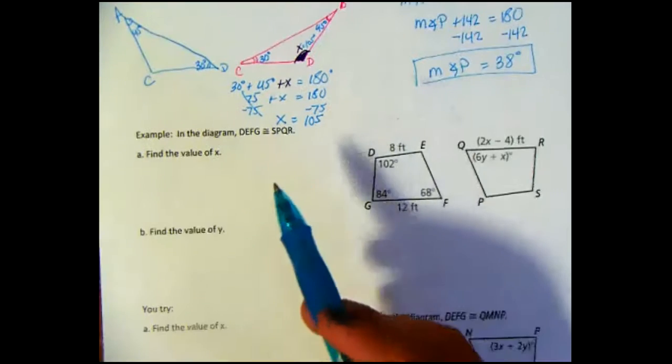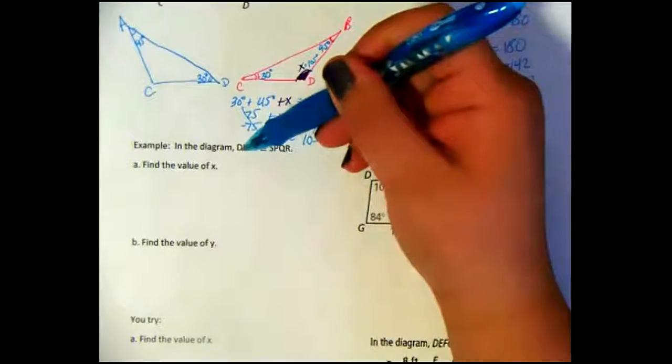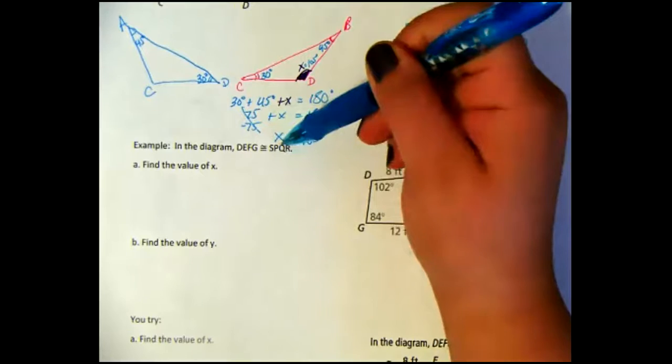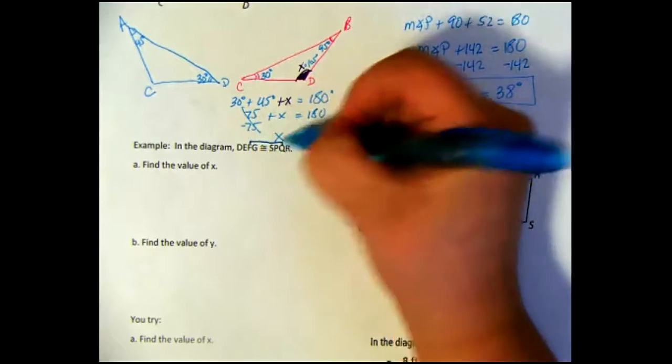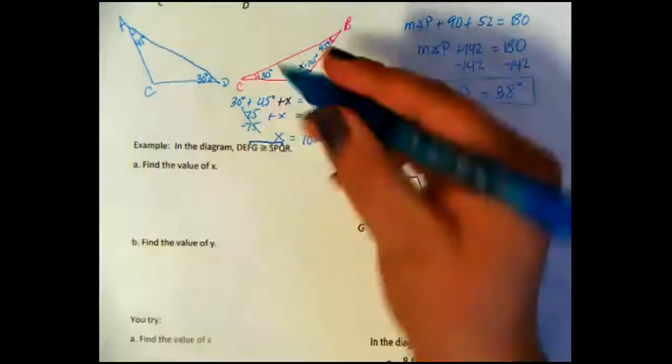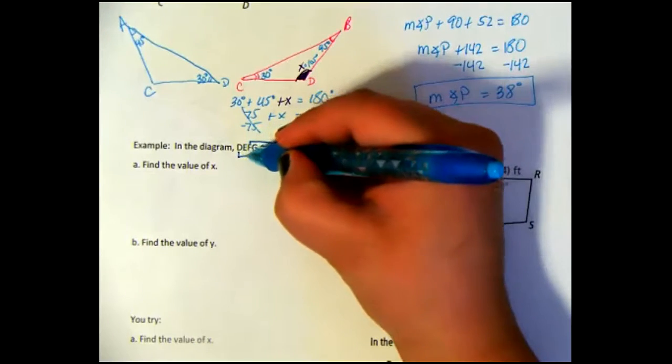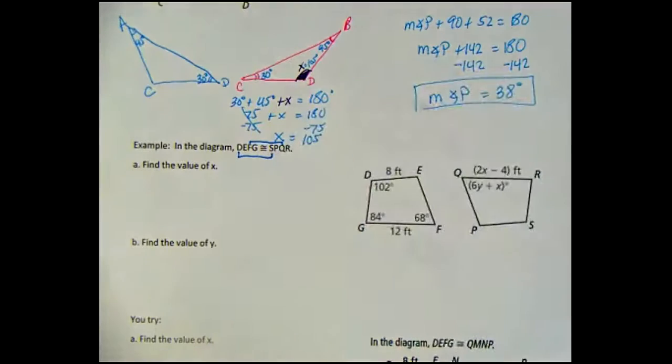Okay, good. The congruent angle to F was Q because they're both in the third position here. The congruent angle to D is S because they're both in the same position here.